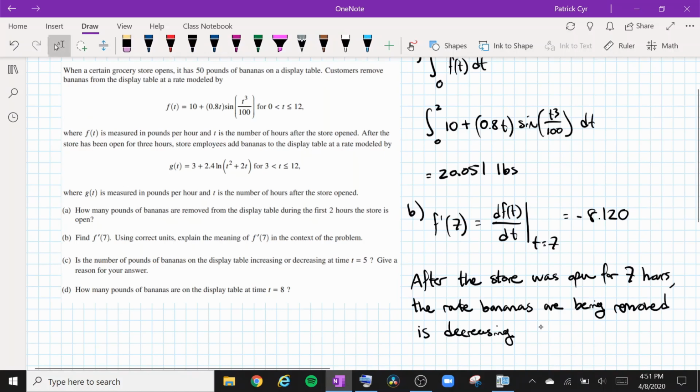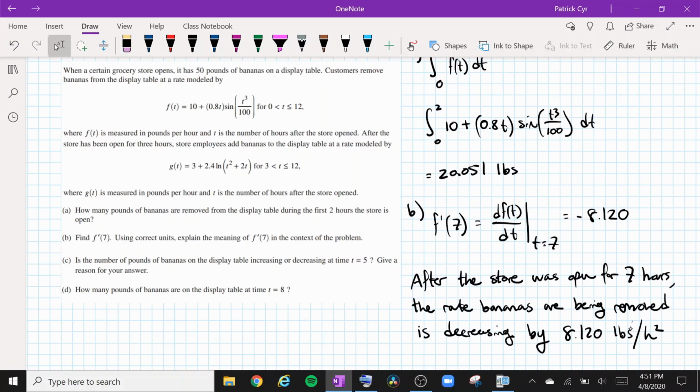It's decreasing by 8.120, and the units are a little weird here. They're going to be pounds per hour squared. So that's the rate at which the rate is decreasing. All right, that's letter B.